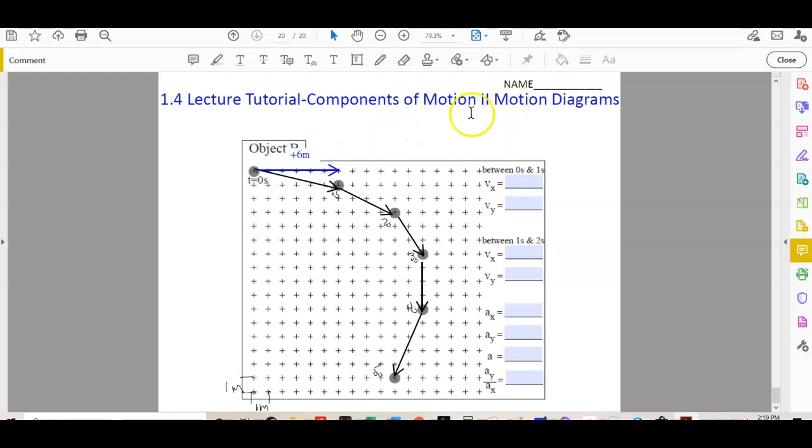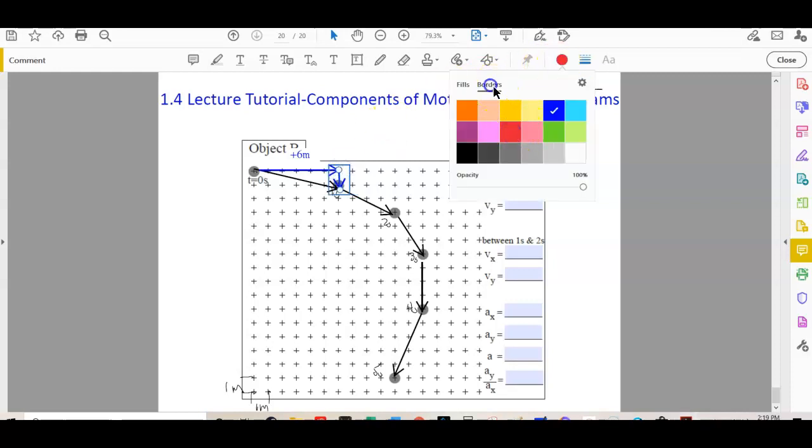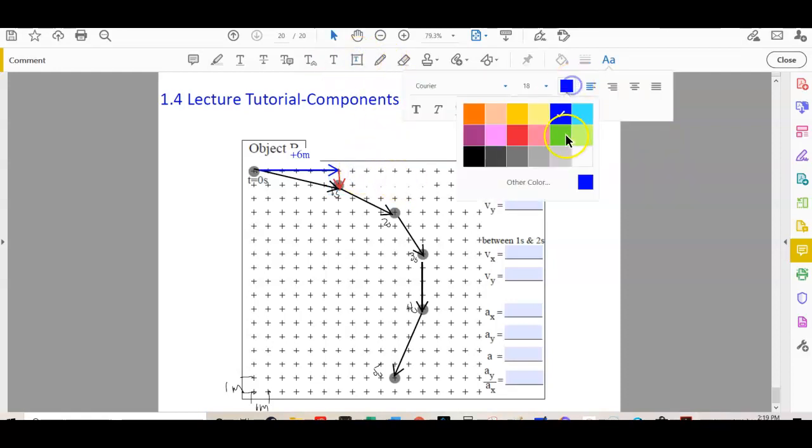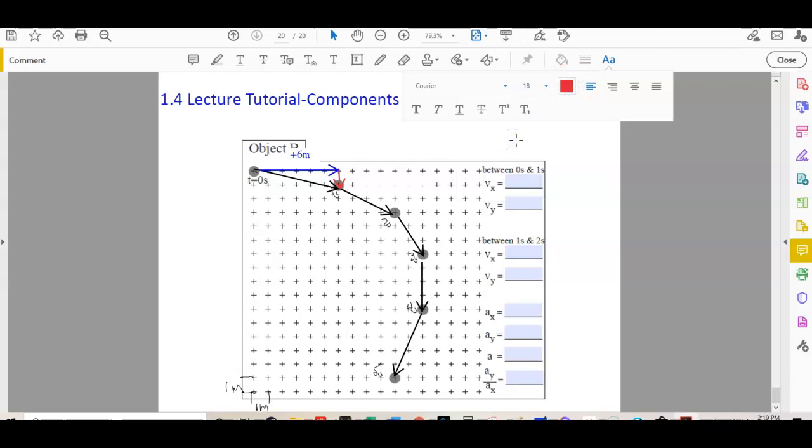Okay. And in the y direction, now, draw that vector. In the y direction, I'm going to use red. It looks like it's traveling down -1 meter.